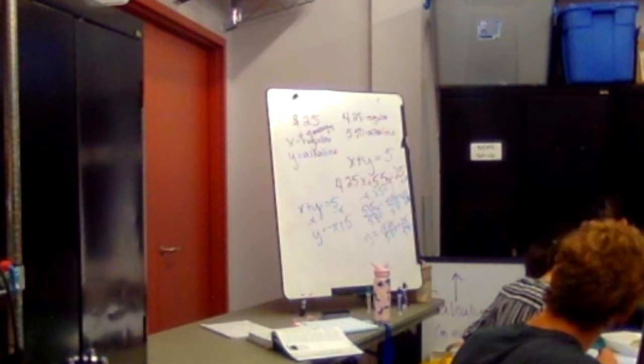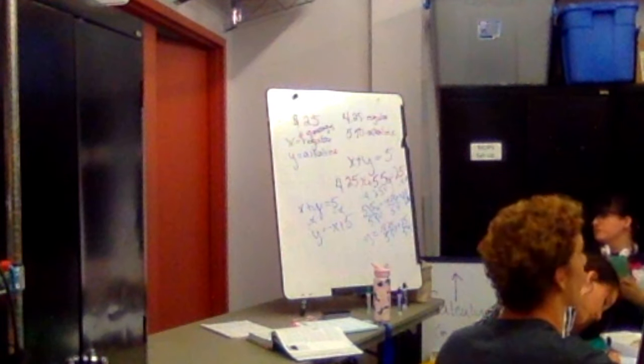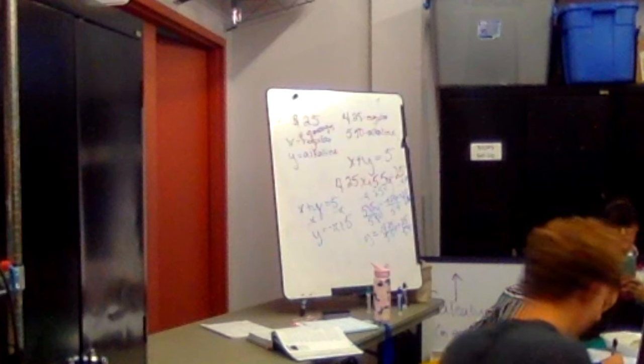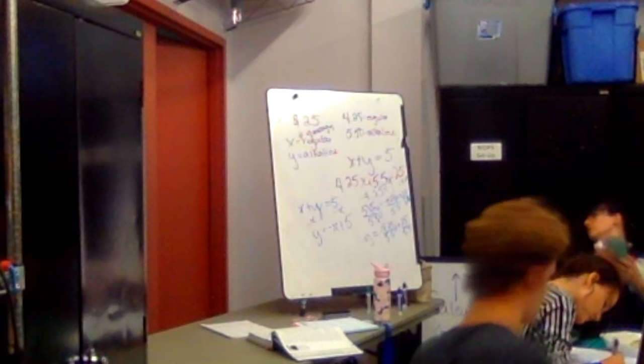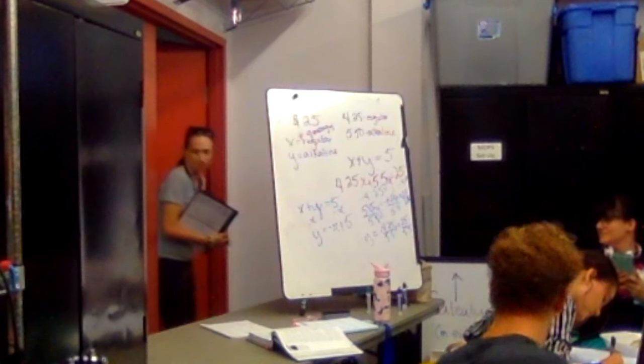We got that y equals negative, and then in parentheses, we have 4.25 divided by 5.5.